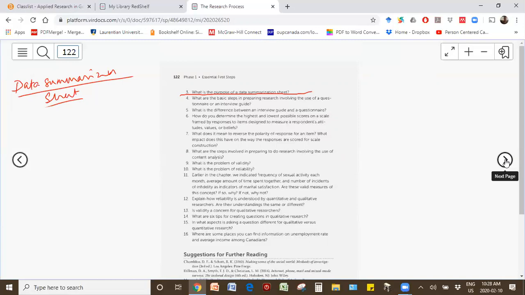So as Aretha said, your data collection sheets tend to be more of raw data that you collect. So, it might look like, if you're looking at responsive behaviors, and let's use Aretha's example.